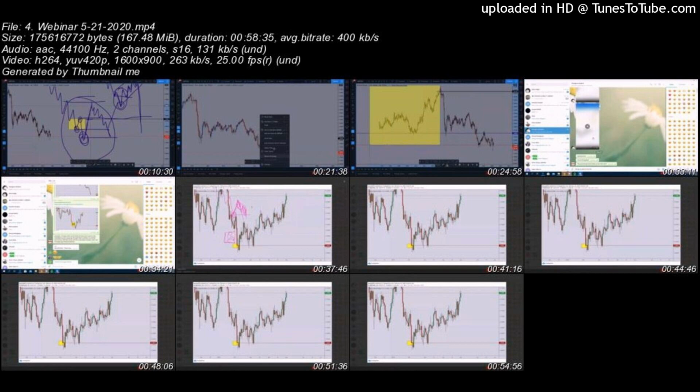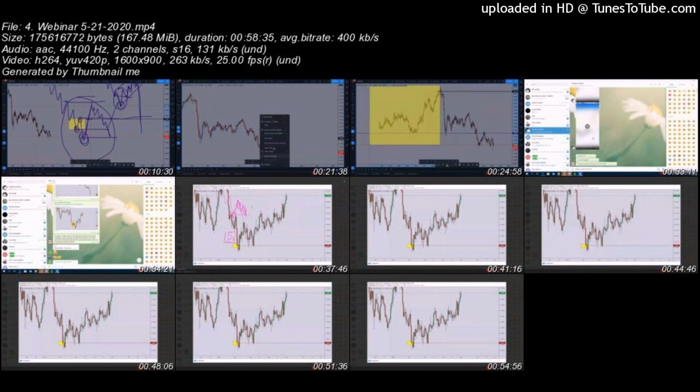So this was for the case of a downtrend. Now, what of an uptrend? If we have an uptrend, that means we are making a series of higher highs and higher lows, in which every high is higher than the previous one. This is what we would call an uptrend.